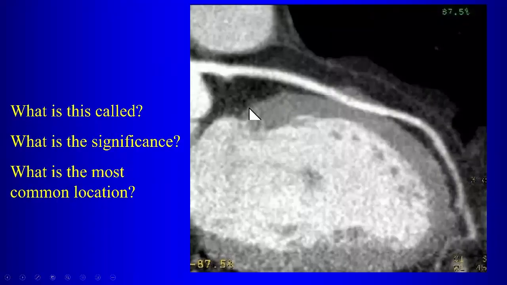Okay, so let's discuss coronary anomalies. So over at Beth Israel, what is this? Yeah, so what vessel is this? LAD. What's the significance of a myocardial bridge?